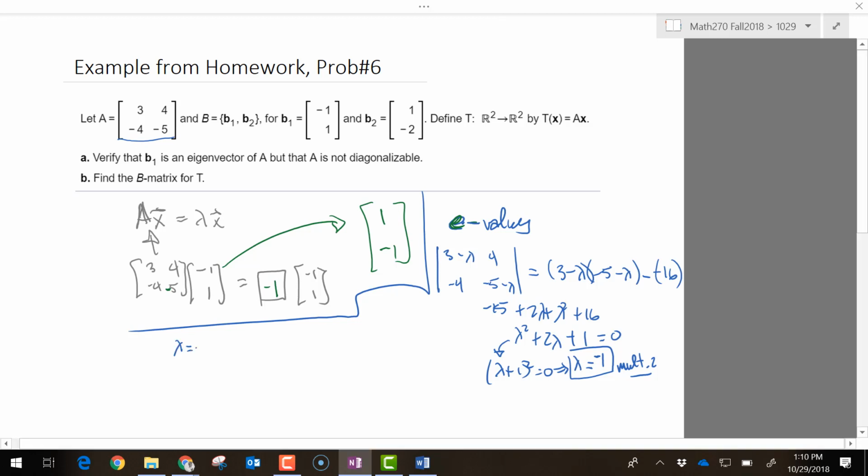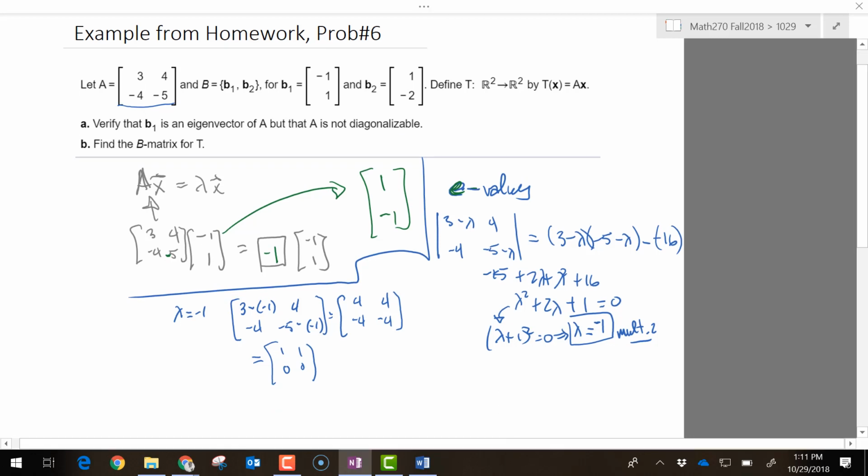So when lambda equals -1, the matrix we want to find the null space for is 3 minus -1, 4, -4, 5 minus -1... so this is 4, 4, -4, -4, which is going to give us only one free variable. We don't have two free variables.